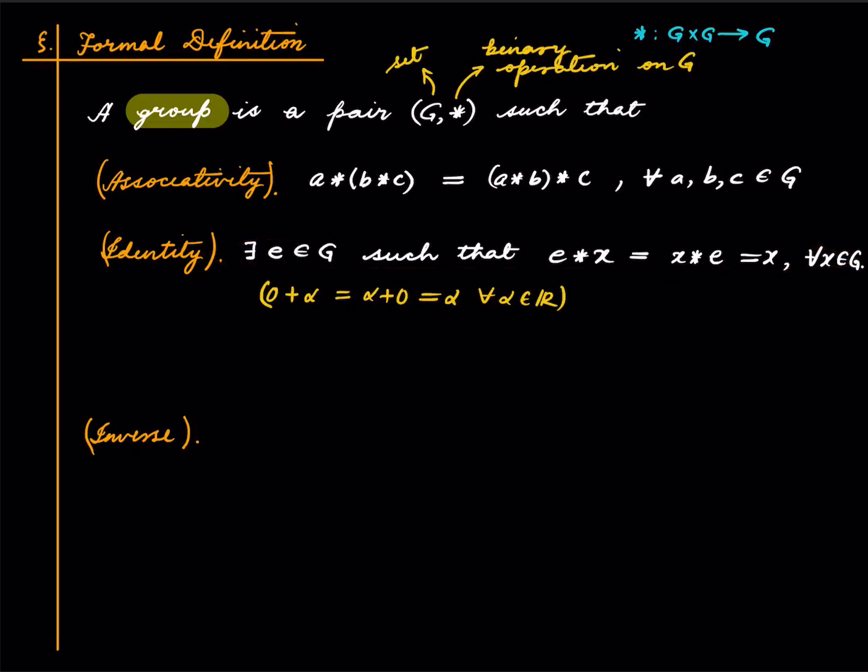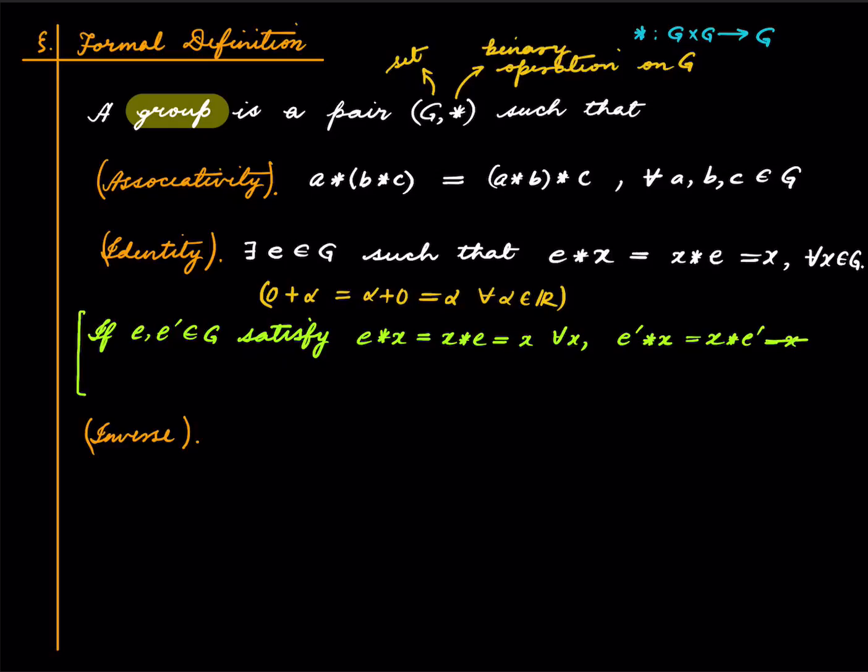And let me also prove immediately that this element is unique. We insist only on its existence, but it follows that it is unique because if E and E prime in G satisfy E star x equals x star E equals x for all x, and E prime star x equals x star E prime equals x for all x, then we want to show that E equals E prime.